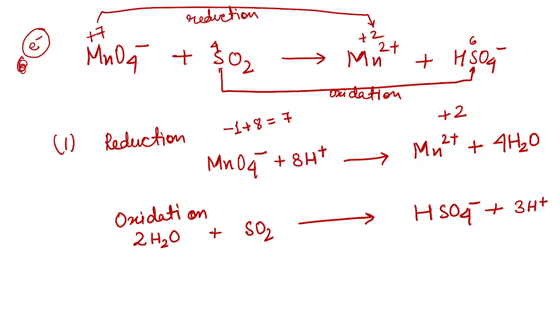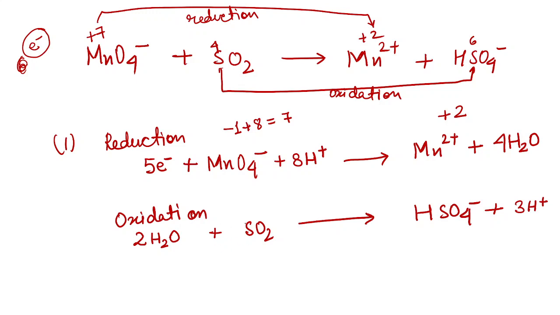If I am adding 5 electrons on the left side, 5 e negative, then what will be my total charge? Here it was 5 electrons and 1 negative charge. This will become 6 negative, plus 8 positive, so it will become +2 charge here, and now it will be balanced with the right side. We have used 5 electrons here.